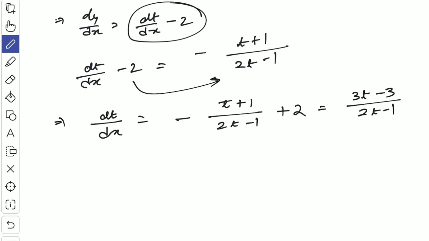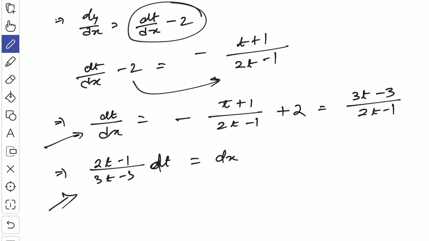From here, if you apply the variable separable method, you are going to have (twice t minus 1) by (3t minus 3) dt, and on the other side you will get dx. So that's what we have got. Hope you can do the simplification part yourself. It's very simple. Hope you have understood how we get it.